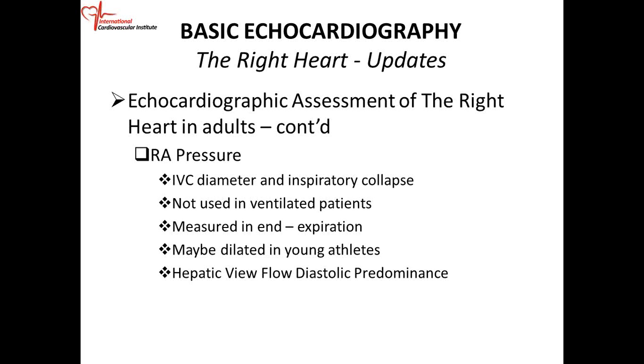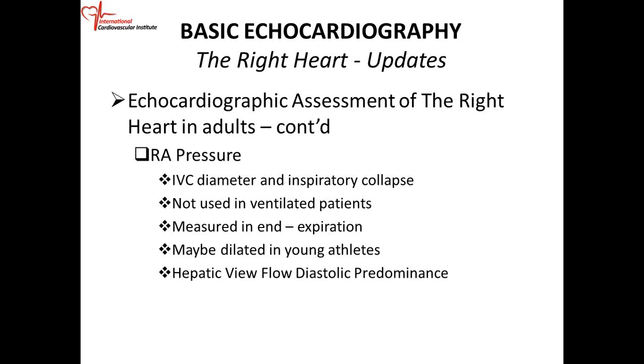So let's go over the use of the IVC to determine right atrial pressure. If the IVC is less than 2.1 centimeters, and you have more than 50% collapsibility with inspiration, then the right atrial pressure is 3 millimeters mercury.